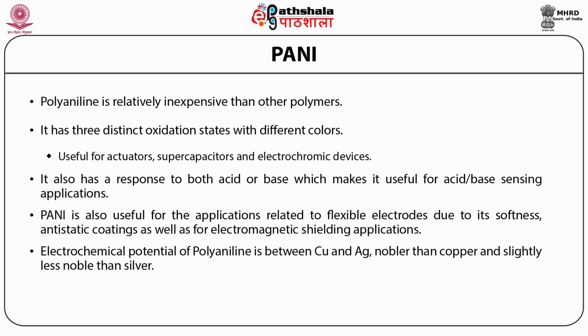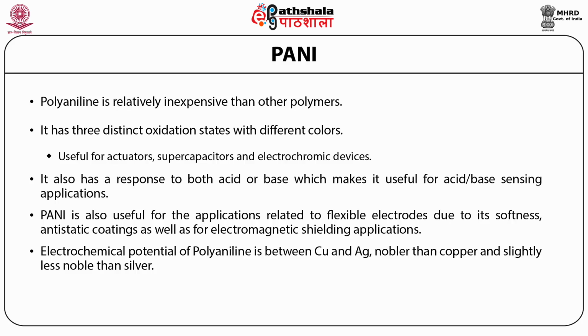Now, the change in the color of polyaniline associated with different oxidation states can be exploited in devices such as sensors and electrochemical devices, where the color change is an important parameter.